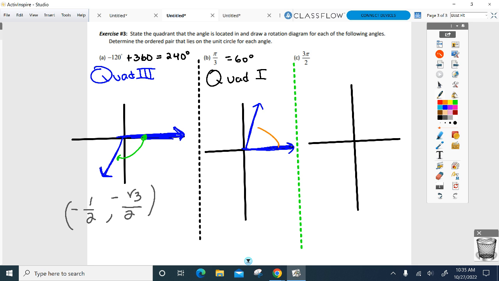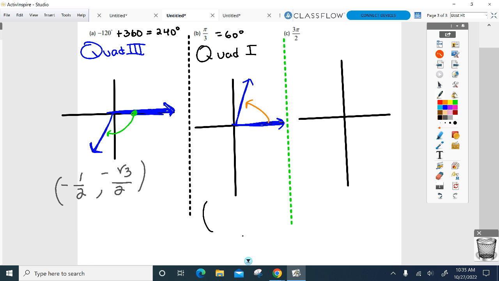Arrow counterclockwise. Don't need to ask about a reference angle. It's already in the first quadrant. So what is the point on the unit circle at 60 degrees? 1/2, radical 3 over 2. Do I need to make any of them negative? Nope, first quadrant.